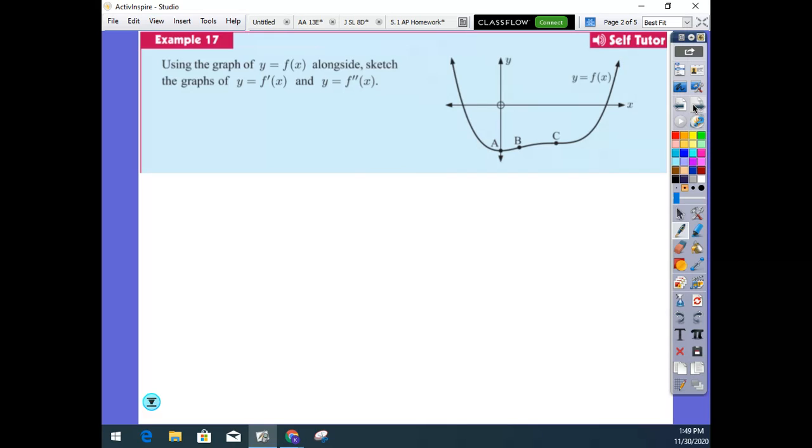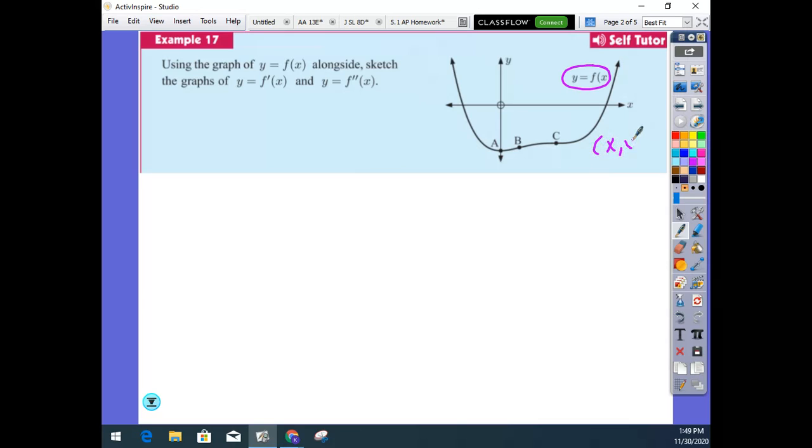Okay, so I think one thing that's important is when we look at a graph, what can we learn? If we identify everything, you're going to get points for that, even if your graph's kind of iffy. When I look at this graph, the first thing that's very important: y equals f of x.